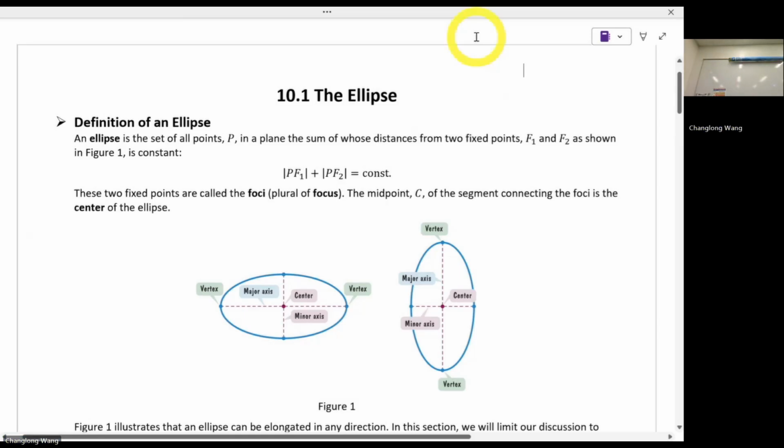Do you know that for a rectangle with a length and a width, the area of the rectangle will be length times width? What if you have an ellipse with the same length and width?